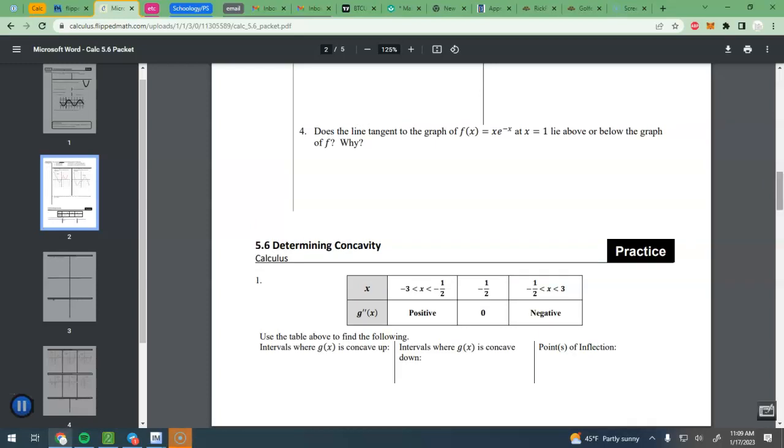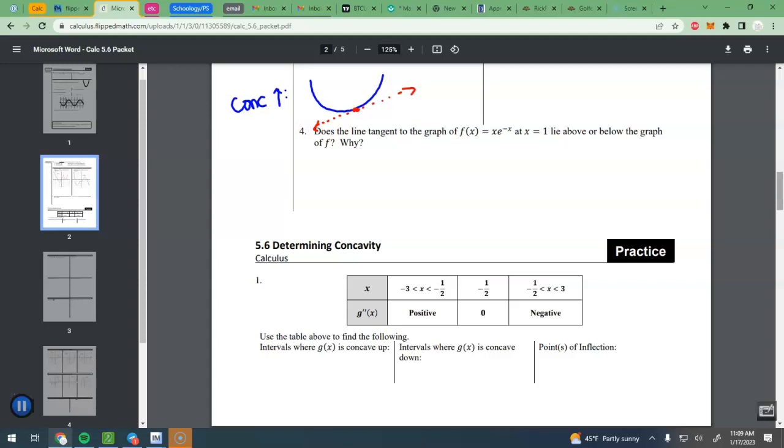So remember the tangent line. If I have a concave up situation, and I draw a tangent line anywhere, does that tangent line go above or below? It goes below.